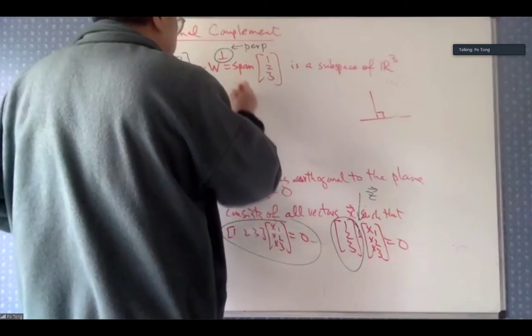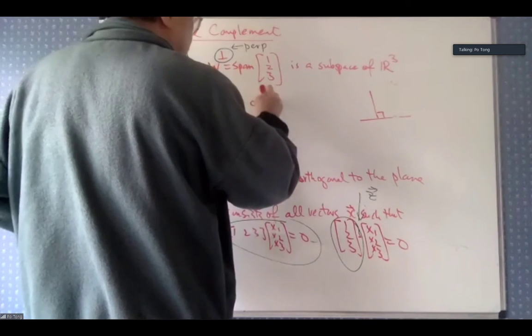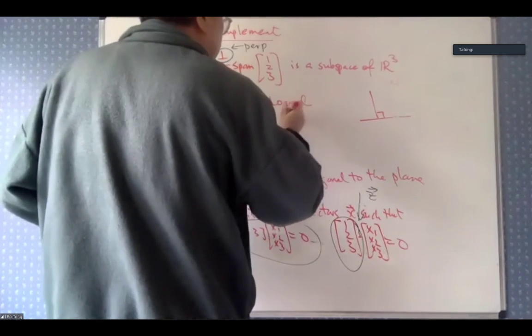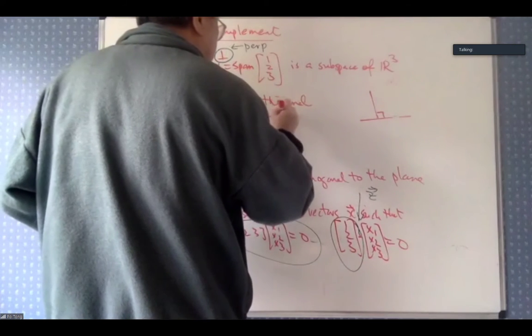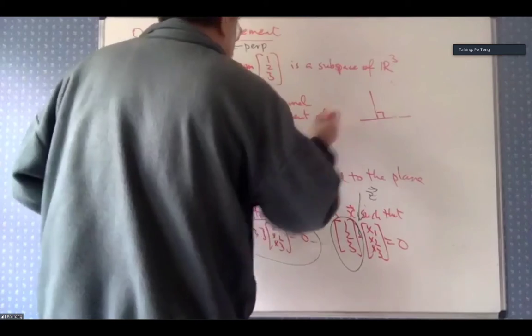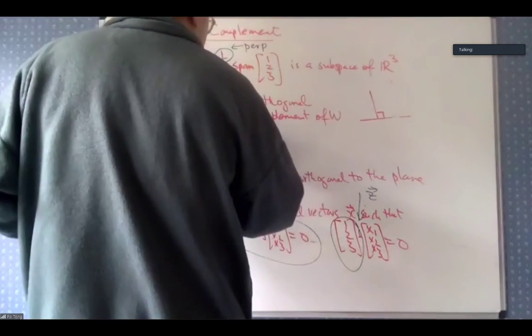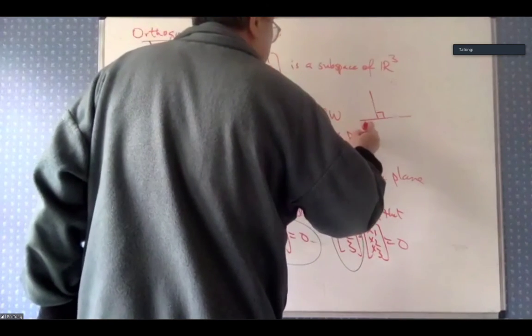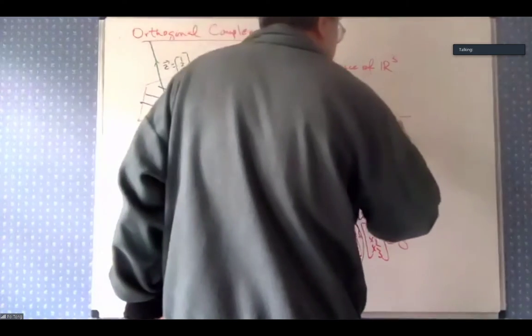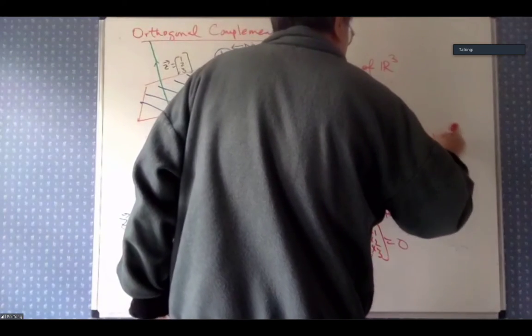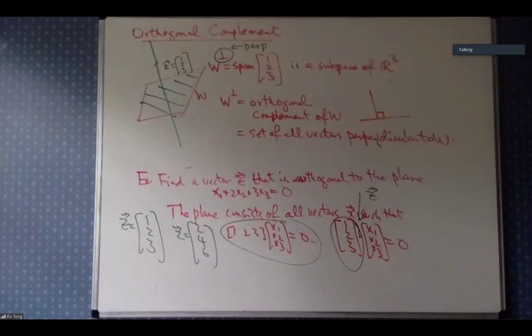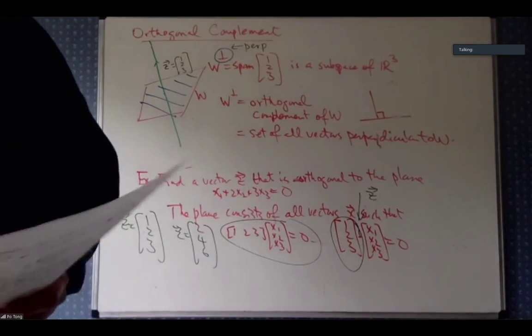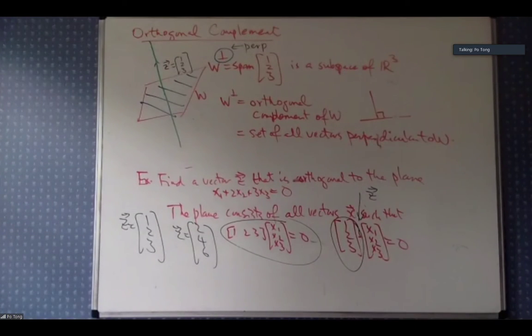W perp is called the orthogonal complement of W. It's equal to the set of all vectors perpendicular to W. So any questions so far, guys? I'm going to just keep moving.